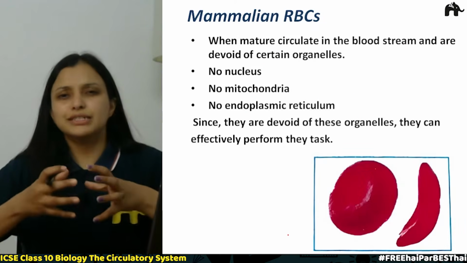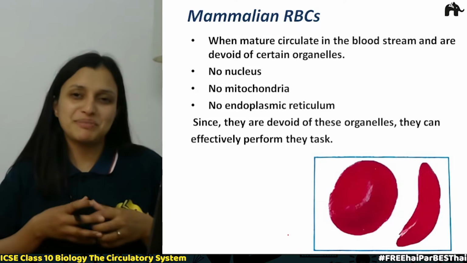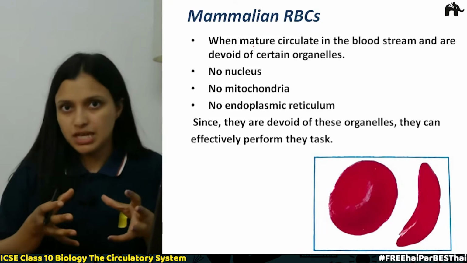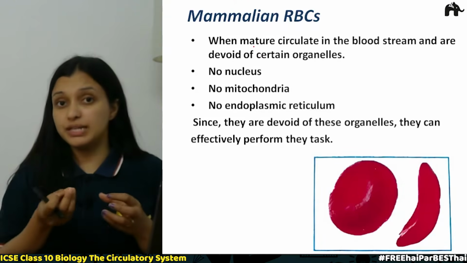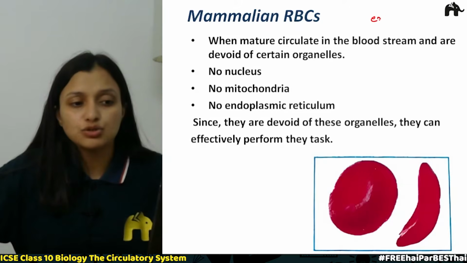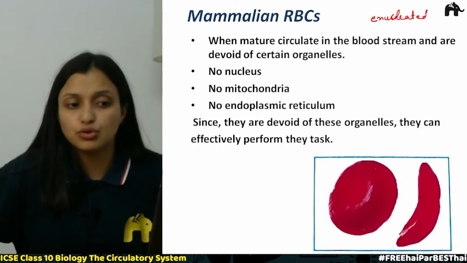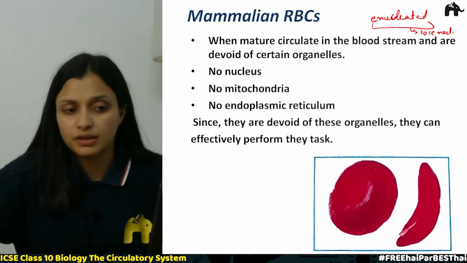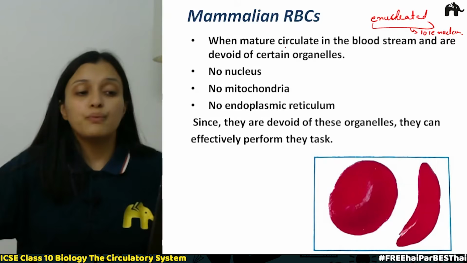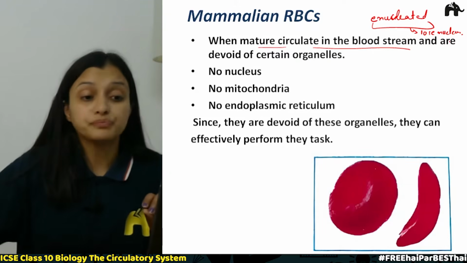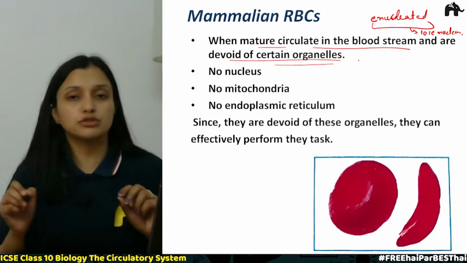Now let us talk something more about the mammalian RBCs. When RBCs are produced, they have one nucleus, but as they mature, they become enucleated, so they lose the nucleus. When mature RBCs circulate in the bloodstream, they are devoid of certain organelles.